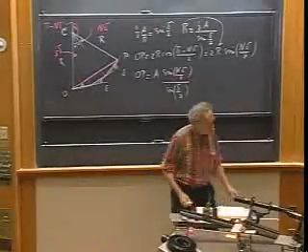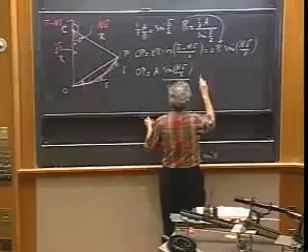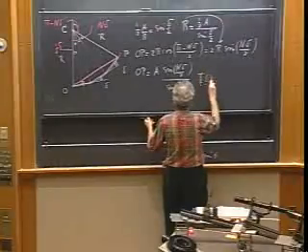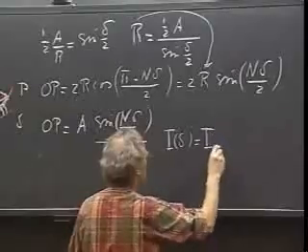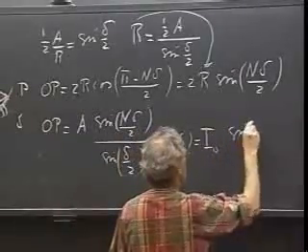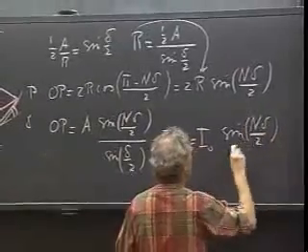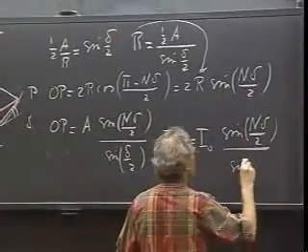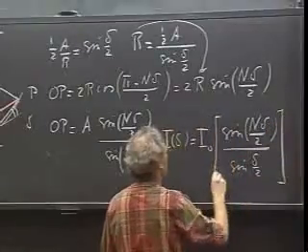And so now comes the very famous equation that I, as a function of delta, is I0 times the sine of n delta divided by 2 divided by the sine of delta divided by 2, and this whole thing squared.